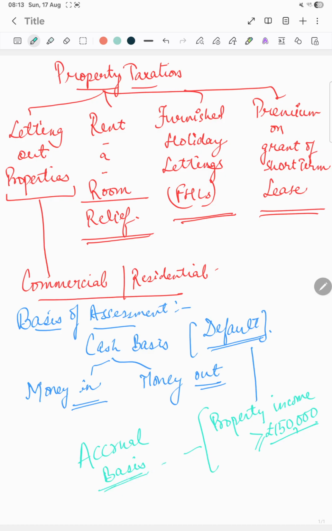So in examinations, the default method would always be cash basis unless stated otherwise, or the landlord has property income exceeding £150,000, right?